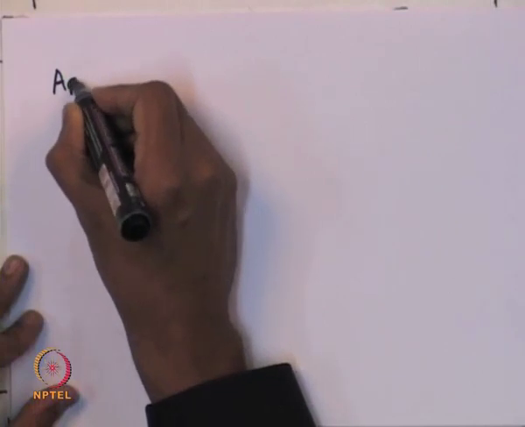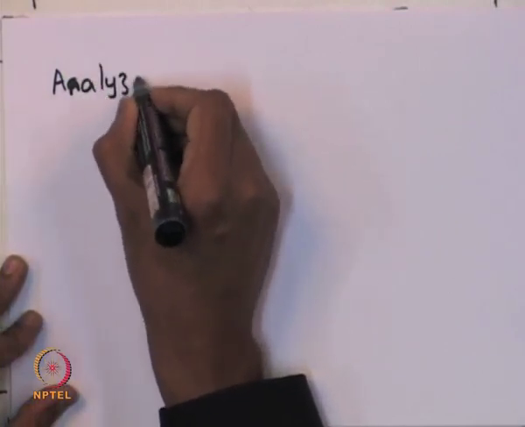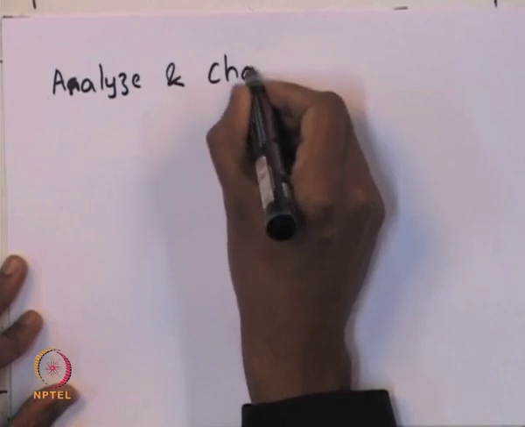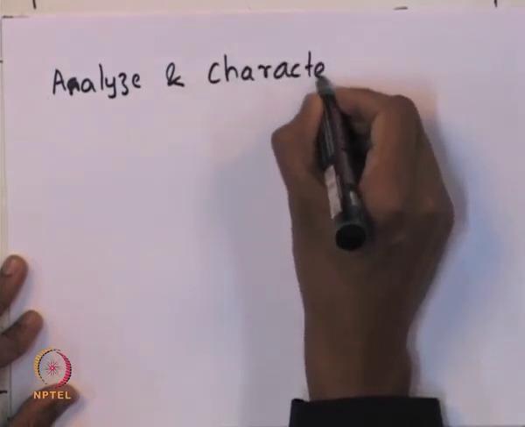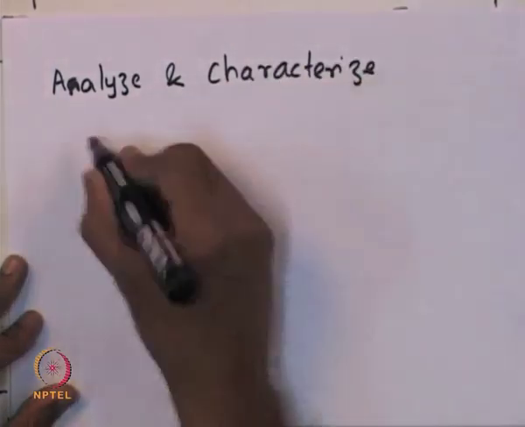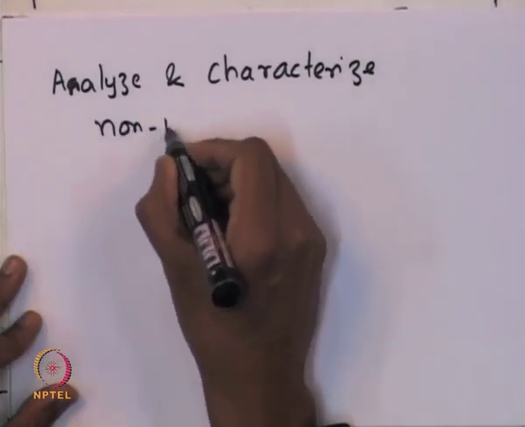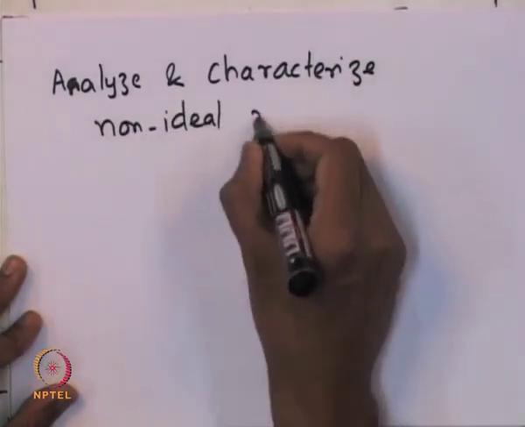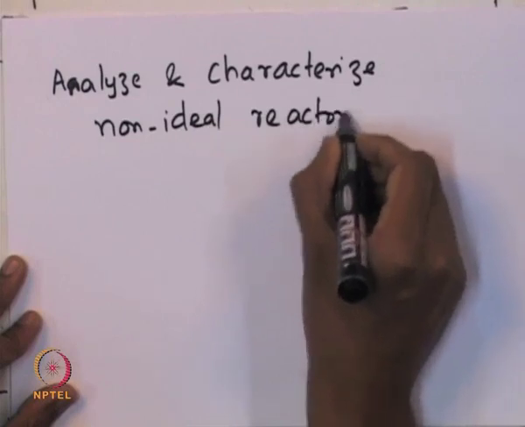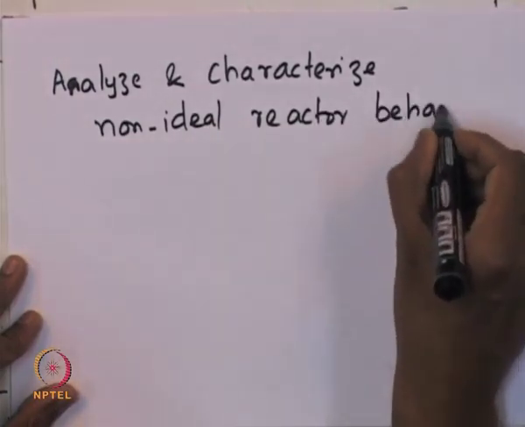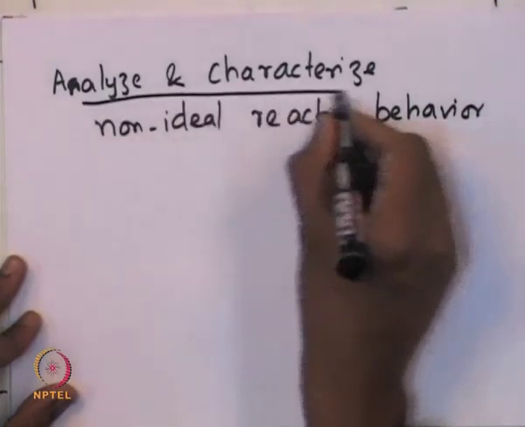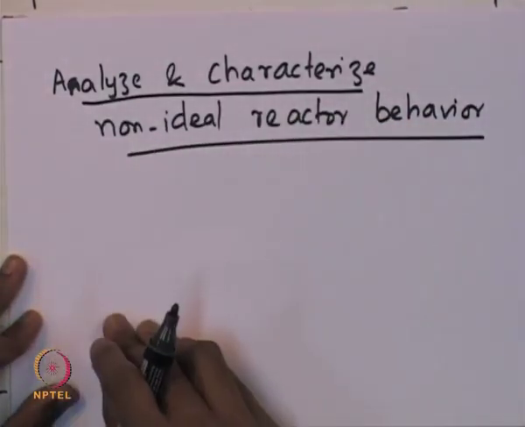So, the objective of the rest of the syllabus of the course is basically to analyze and characterize non-ideal reactor behavior. So, that is going to be the objective for the rest of the course.